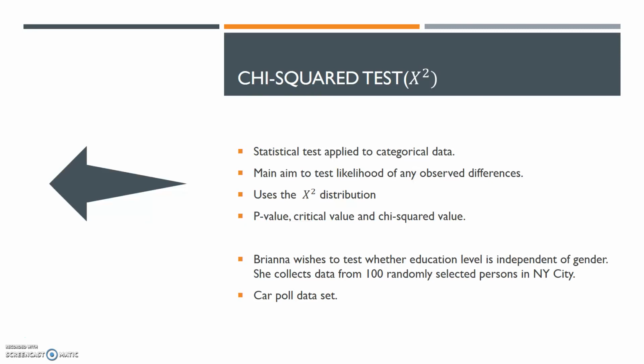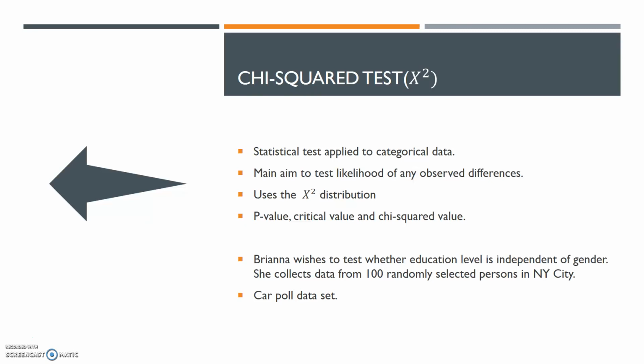values. So if we look at a quick example here, say Brianna wishes to test whether education level is independent of gender, and she collects data from 100 randomly selected people in New York City. Now, what we first see here is that we have two categories. Educational level is one of them, gender is another.